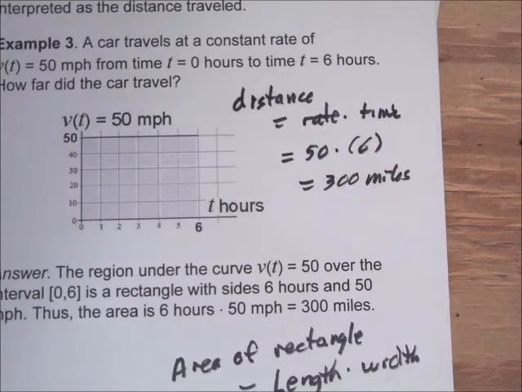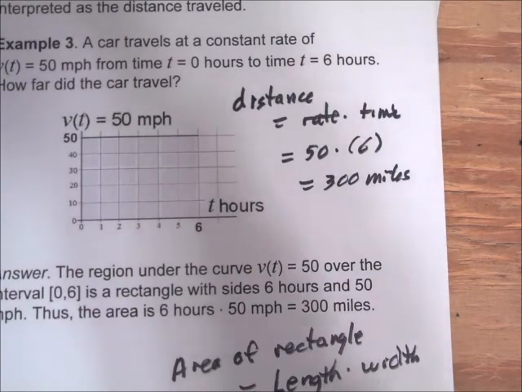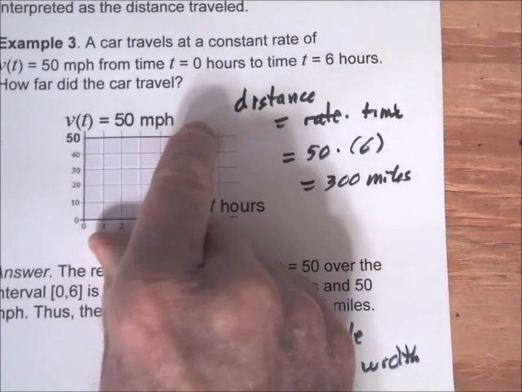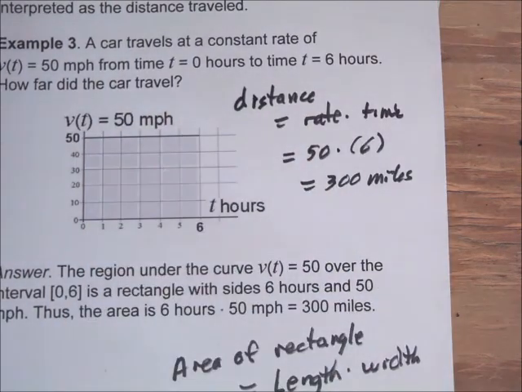If you recall before, we were looking at velocity in terms of a slope. We had a curve, and we got the velocity, and we took a limit and looked at it in terms of a slope. So here, the velocity is actually the curve, and the area under it now is the distance.